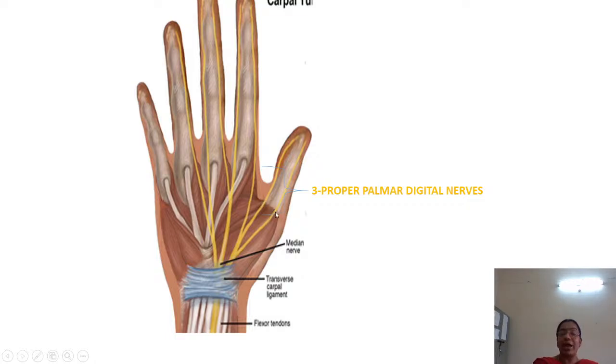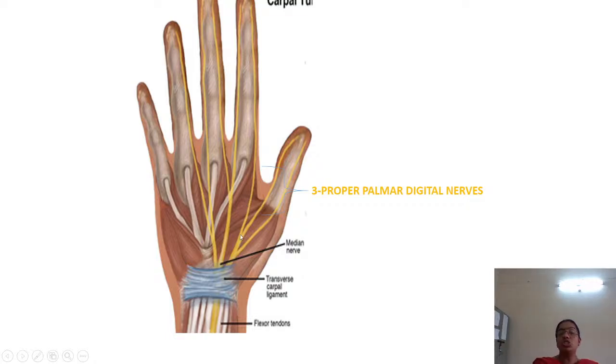The first two supply either side of the thumb and the radial side of the index finger, along with one lumbrical. I think now you can have an idea what a lumbrical is. That is an intrinsic muscle, an earthworm-shaped muscle. So it gives a supply to the lumbrical also.